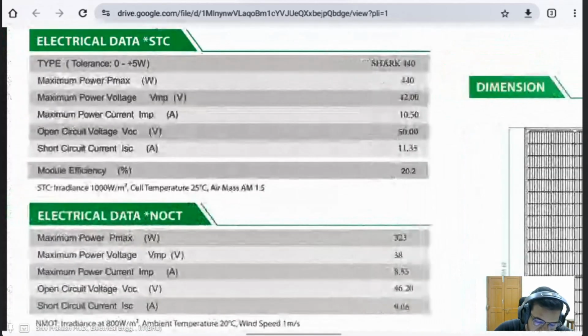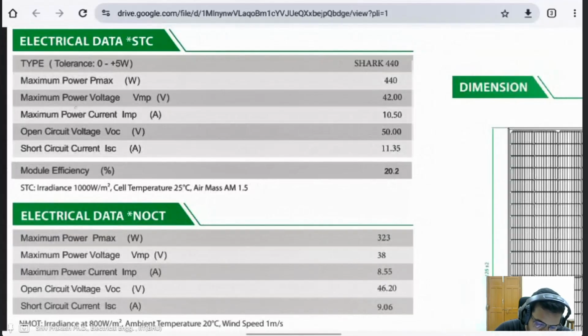At that condition, the maximum power is 440 watt, the voltage at maximum power is 42 volt, the peak current at maximum power is 13.5 ampere, open circuit voltage is 50 volt, and short circuit current is 11.35 ampere.